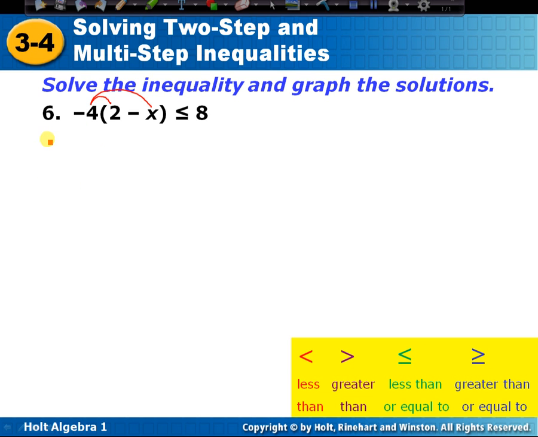So that gives me negative 4 times 2, which is negative 8, and negative 4 times negative x, which gives me positive 4x, because a negative times a negative is always positive.